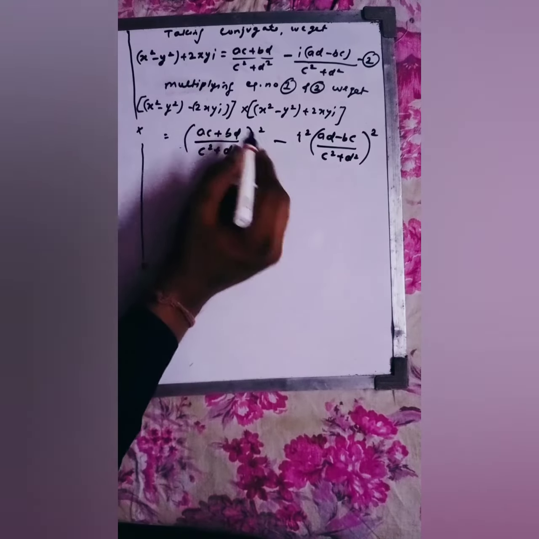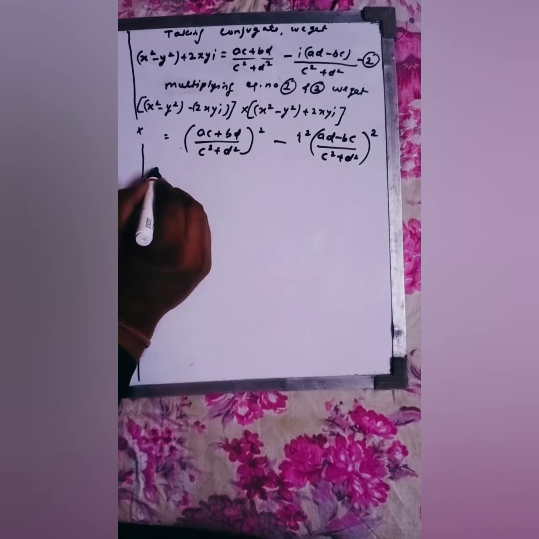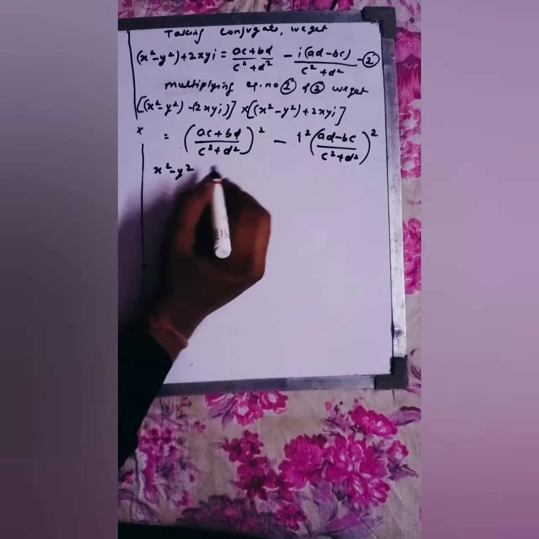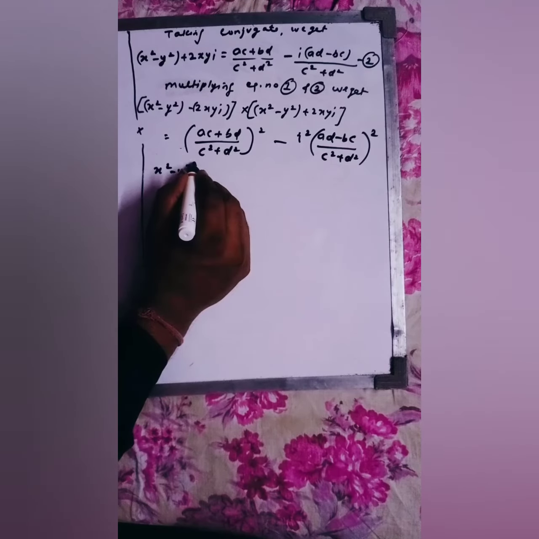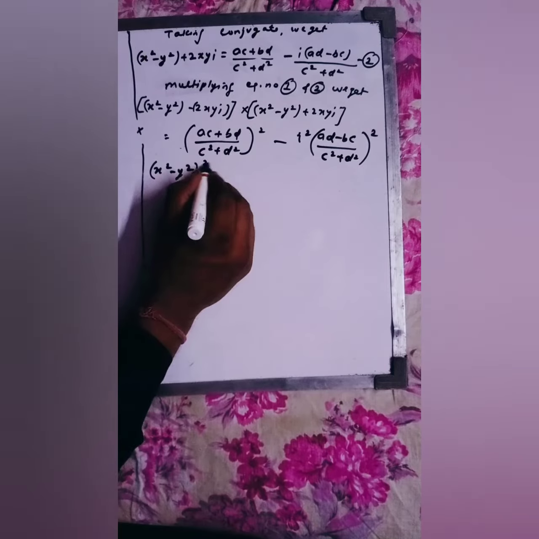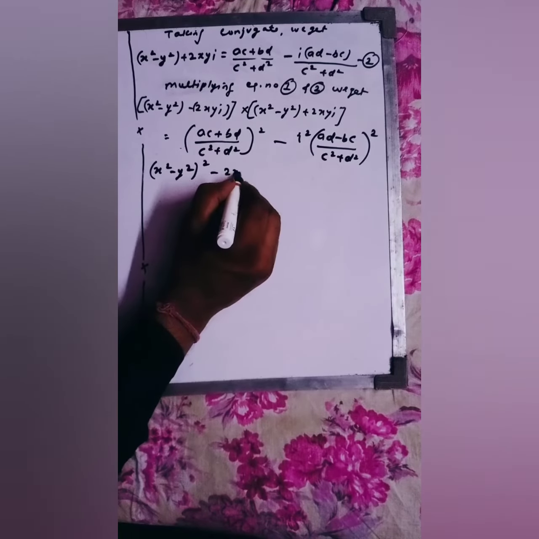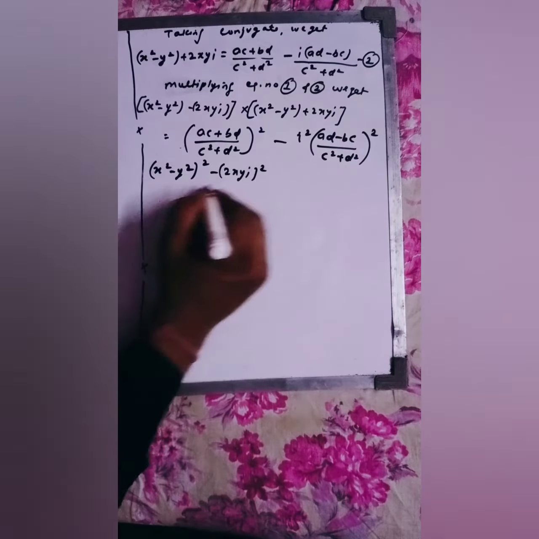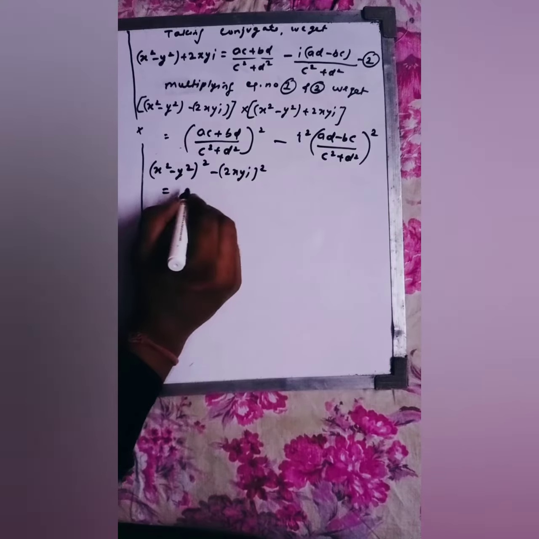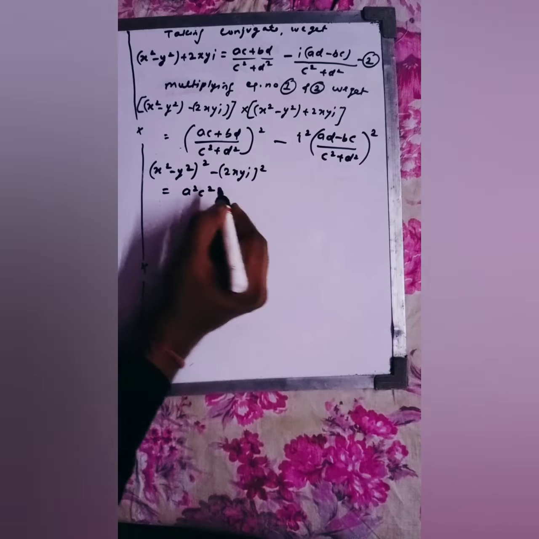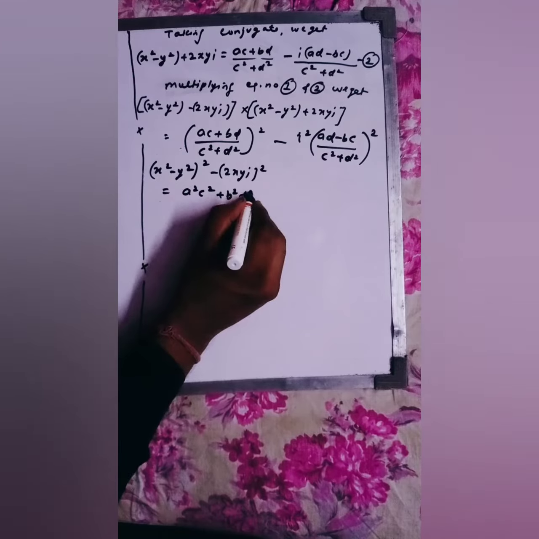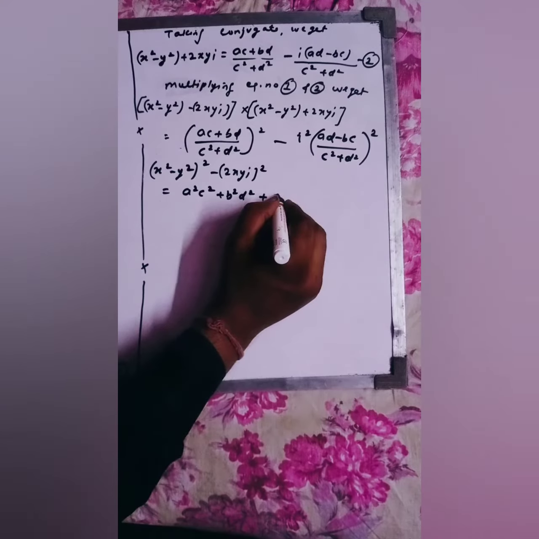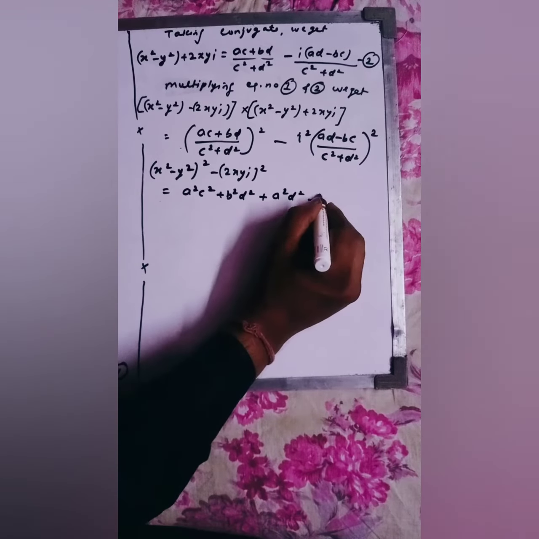Now in the next step, as you can see, when you multiply these two, you will get x square minus y square whole square minus 2xy iota whole square equals to, simplify this, a square c square, b square d square plus a square d square minus b square c square.